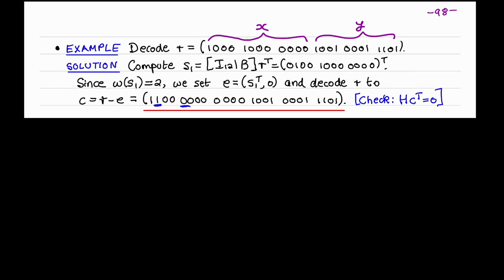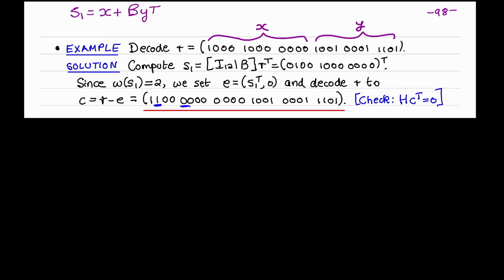Here's an example of decoding C24. Let's decode this 24-bit vector R, whose halves I'm calling X and Y. So we compute the syndrome S1 by multiplying this PCM and R transpose. When you compute this product, the left half of R, which is X, is multiplied by the identity matrix, while the right half of R, which is Y, is multiplied by B. And so S1 is X plus BY transpose.